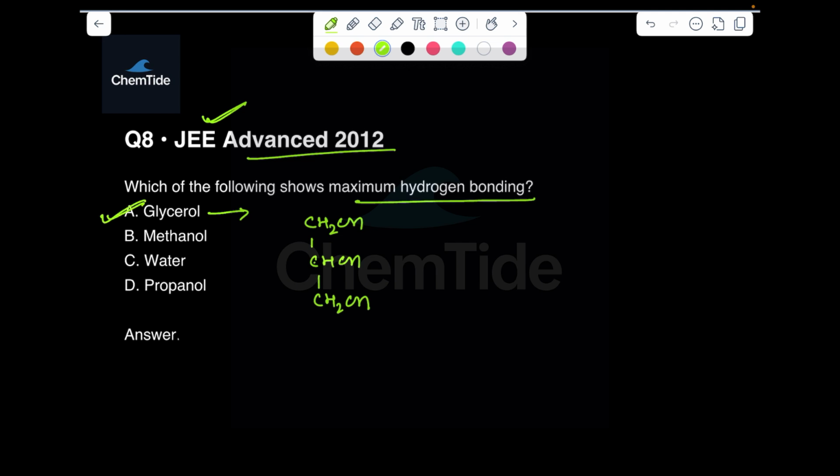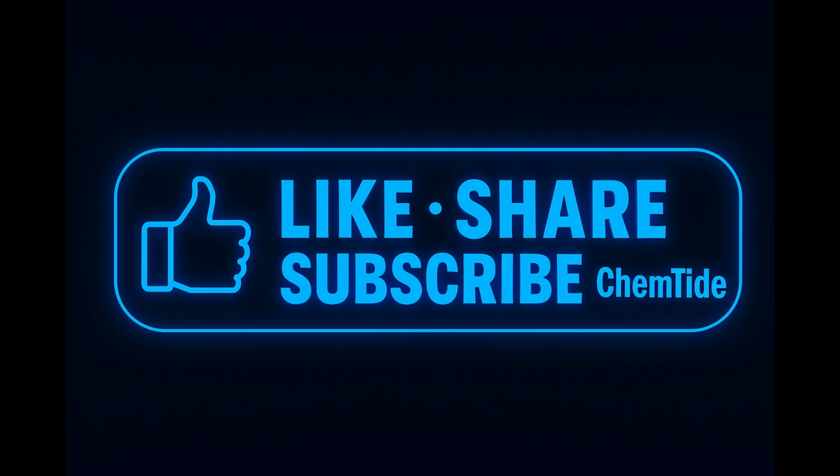Let's see the rest of the options. Methanol is CH3OH, which is weaker; water could be better; and in propanol the carbon chain increases, so it becomes C3H7OH. So hydrogen bonding is highest only in glycerol. That is the right answer.